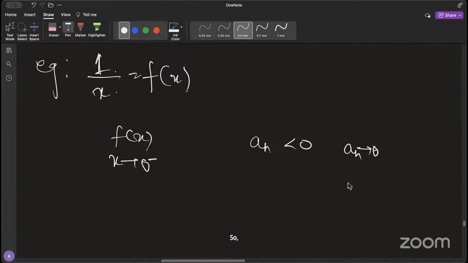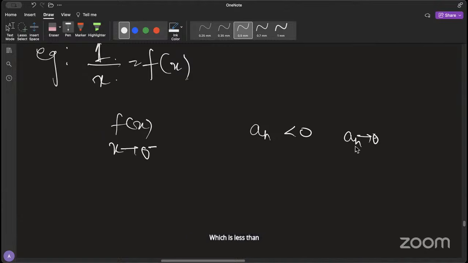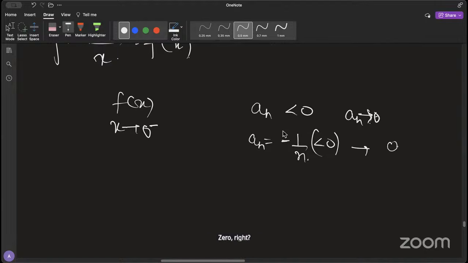So let's simply take a sequence which is less than 0 and converging to 0. I'll take minus 1 by n. If I take a_n as minus 1 by n, then this sequence is less than 0 and this is going to 0, right? So I'm choosing this sequence.